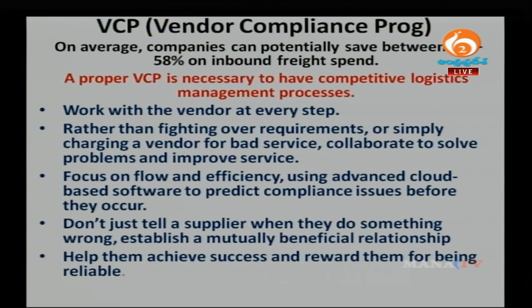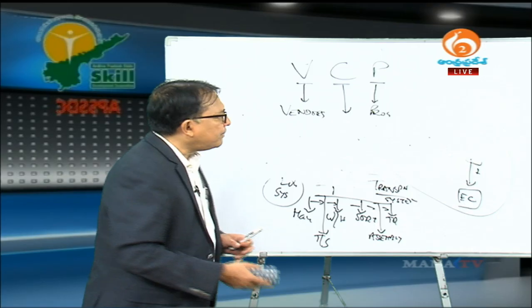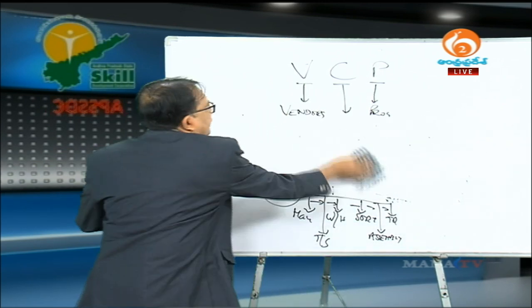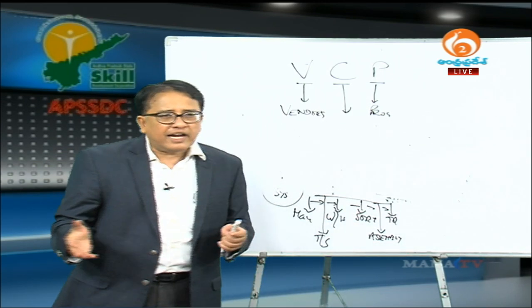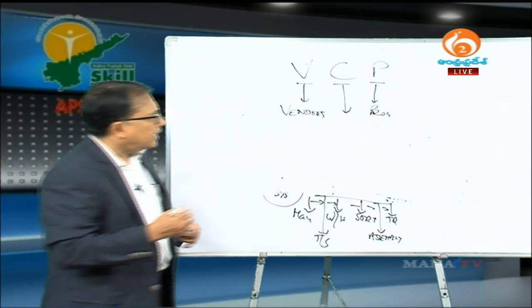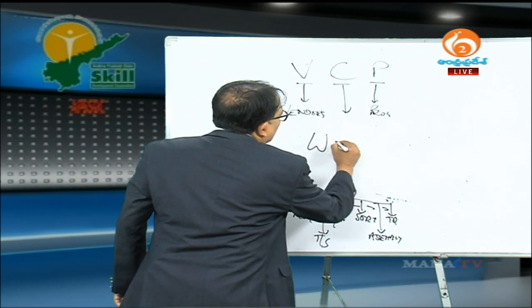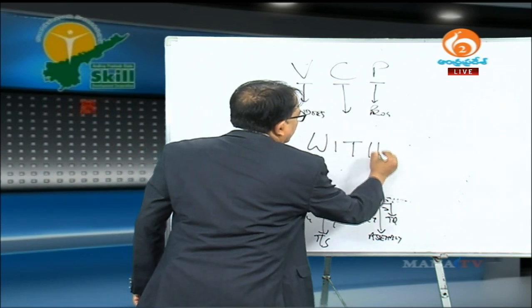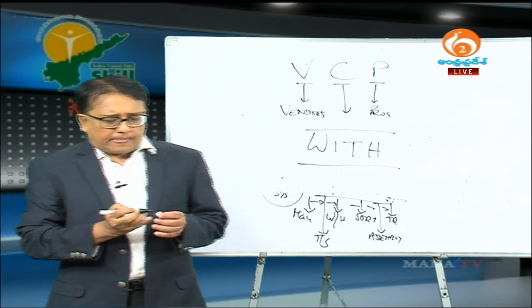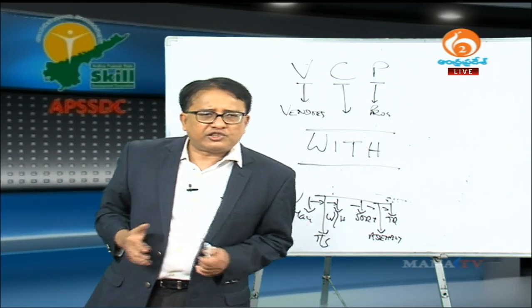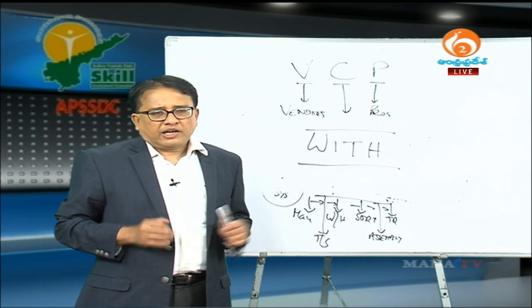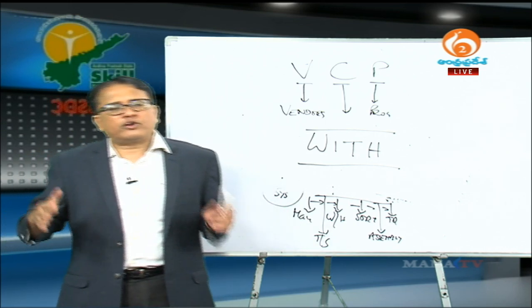So let's come back to the board and just write one word which defines the entire vendor compliance theory, and this word is "with". Students, the business model is changing every year. It has changed over a period of the last 4 to 5 decades, 50 years.